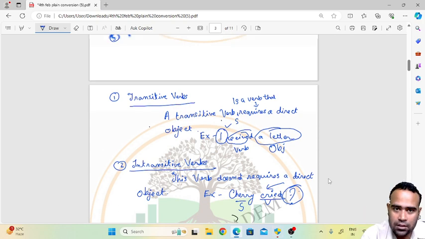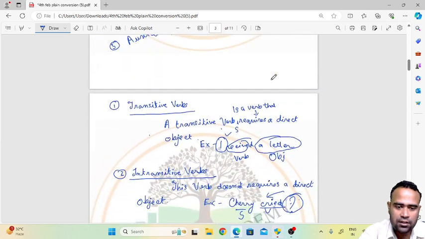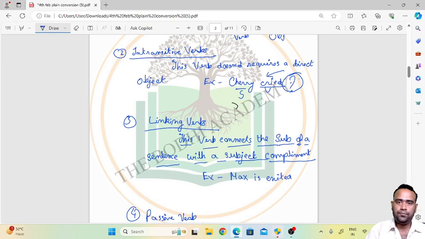And we will go to the third one, that is linking verbs, right? So let's check. Linking verbs. This verb connects the subject of a sentence with a subject complement.